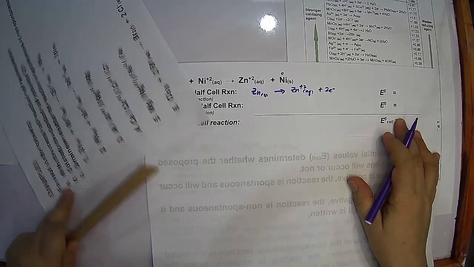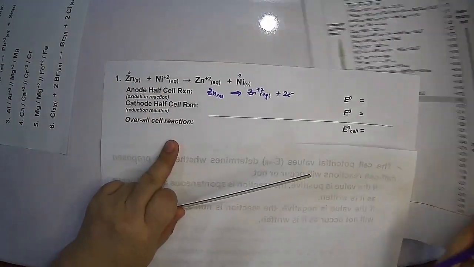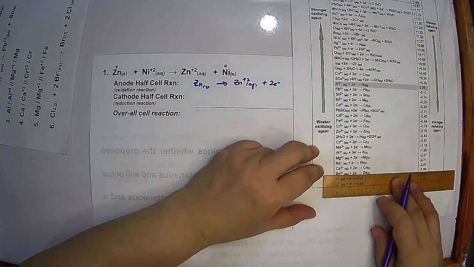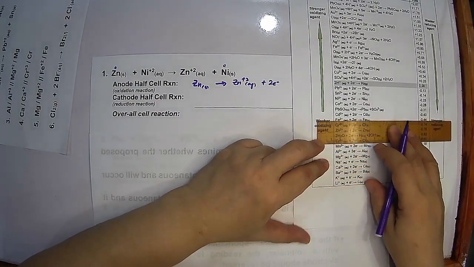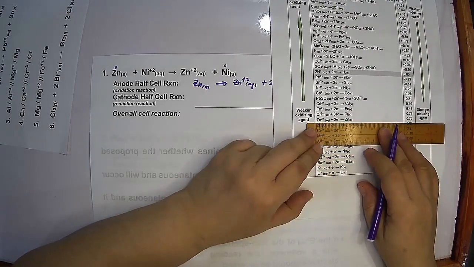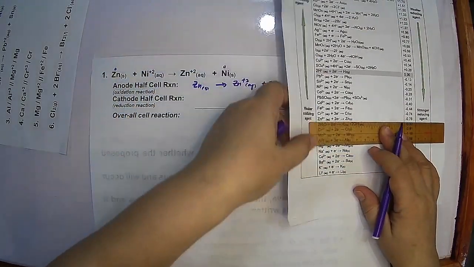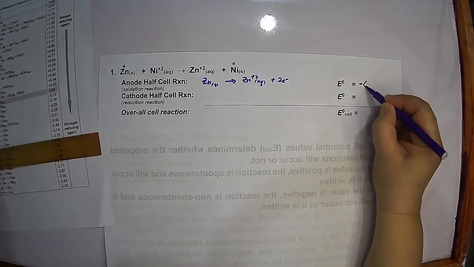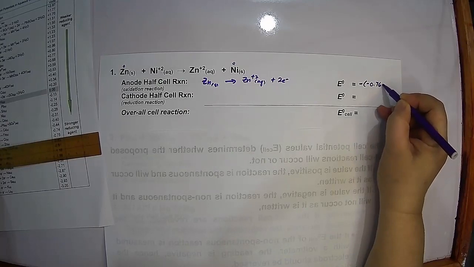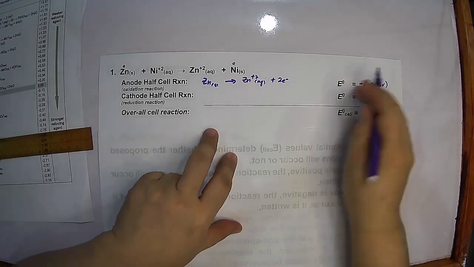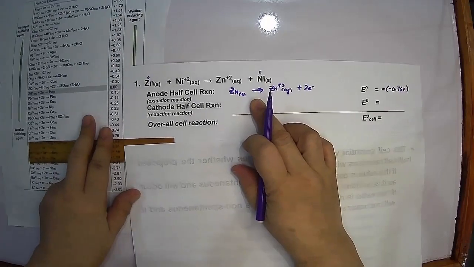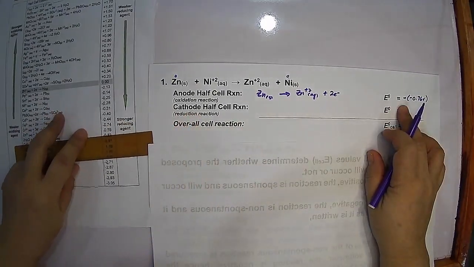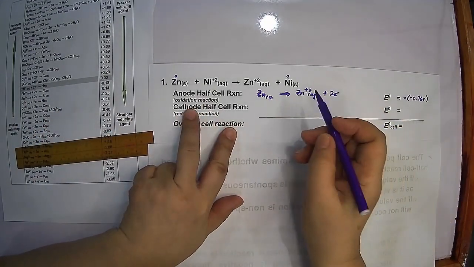Referring to our table of standard electrode potential, the potential for zinc is negative 0.76 at reduction. So we take the negative of negative 0.76 volt, because the table gives the reduction reaction and this is an oxidation reaction. So we take the reverse of the sign.